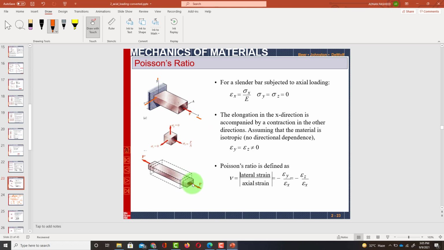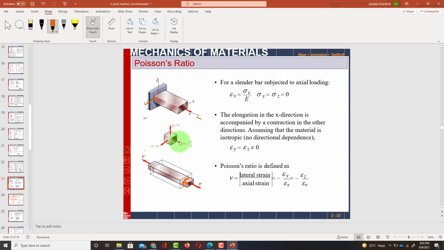Due to this force, you can see this was the original area, and due to the applied load, the length is increased. This is the increase in length in x direction, but there will be a contraction: the diameter and area are reduced, so there is a contraction in thickness as well as in width. So this is the scenario.